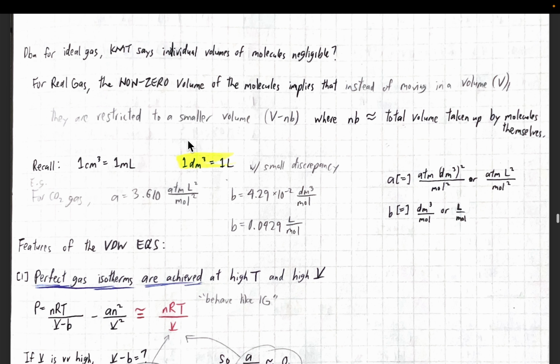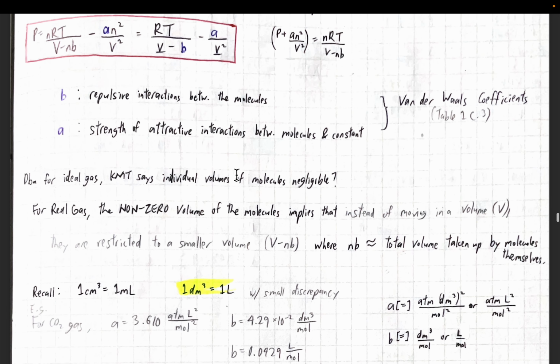So recall these conversions. These are going to be important. 1 centimeter cube is 1 milliliter. 1 decimeter cube is 1 liter. Although this isn't exactly accurate, there is a small discrepancy. Yeah, we are doing this for approximation only.